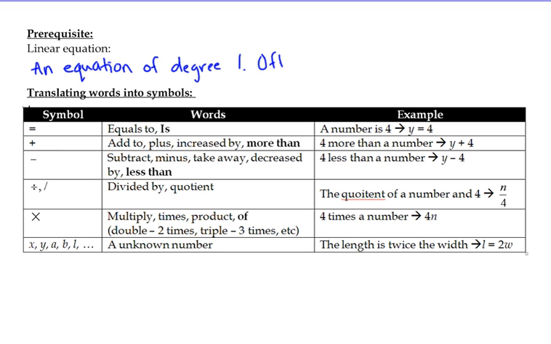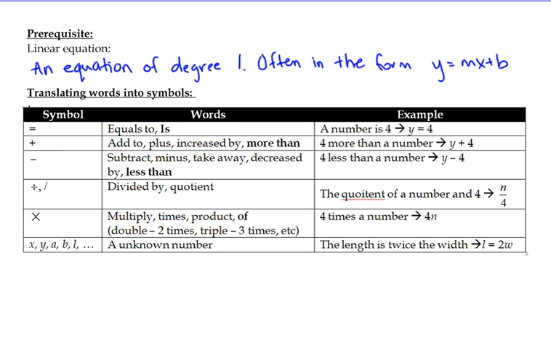often in the form y equals mx plus b. Now the unit is called linear systems, so you need to know what a linear equation is before we can talk about what a linear system is.